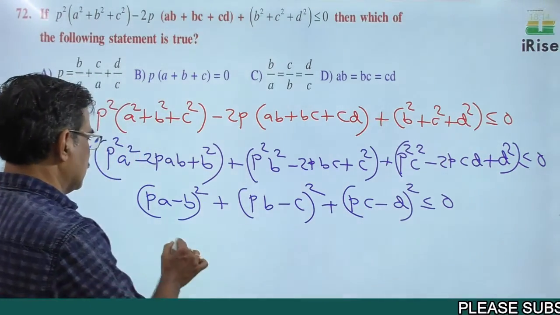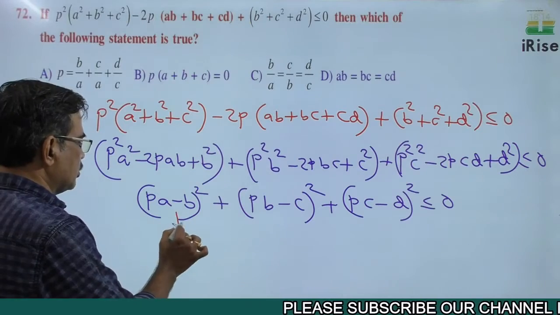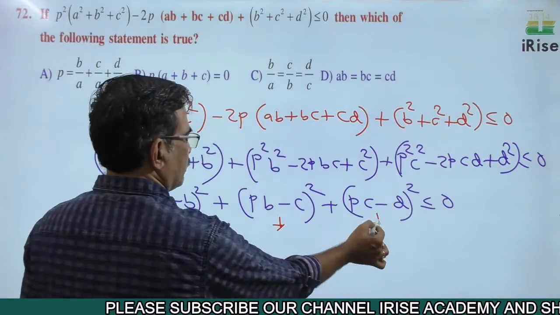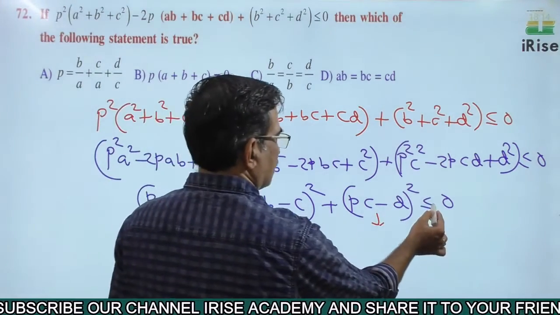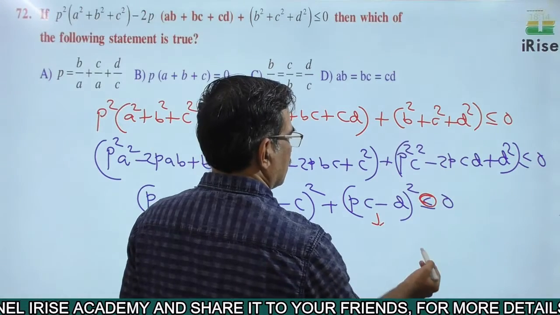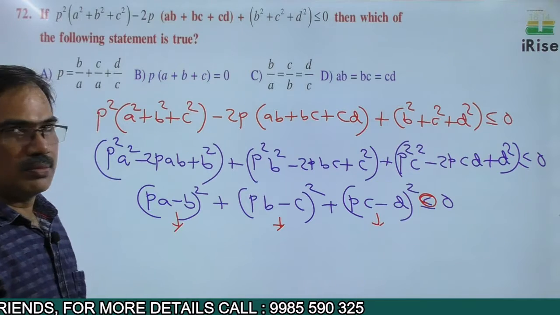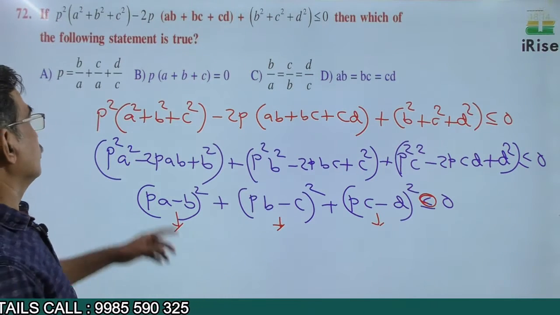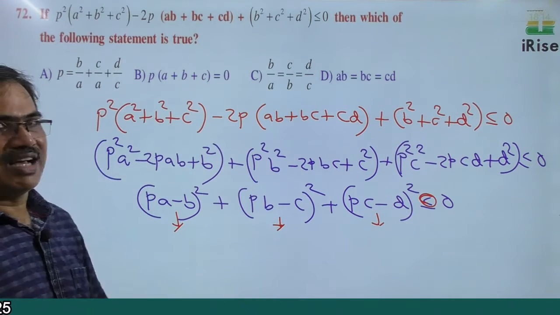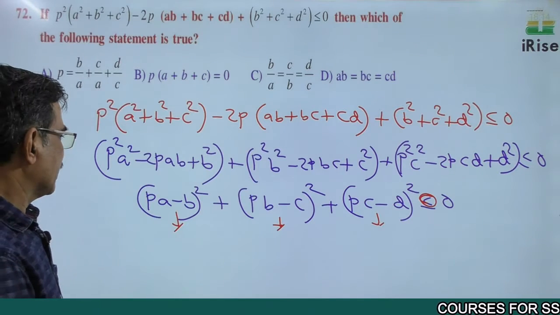So each term is 0, this is 0, this is 0, even this is also 0. Less than is impossible because the sum of squares is always either 0 or positive if the values are real numbers.